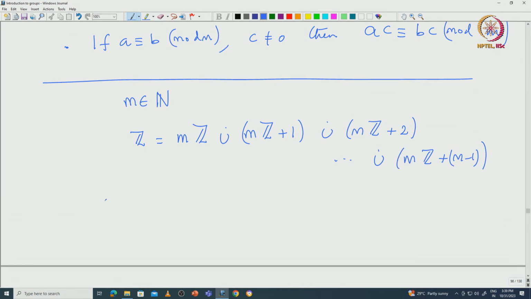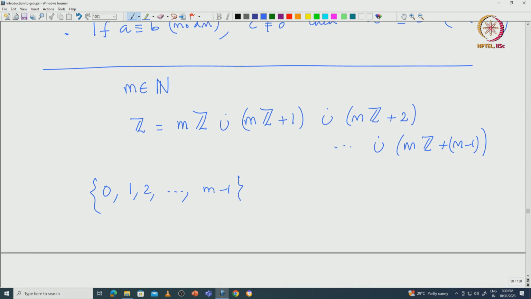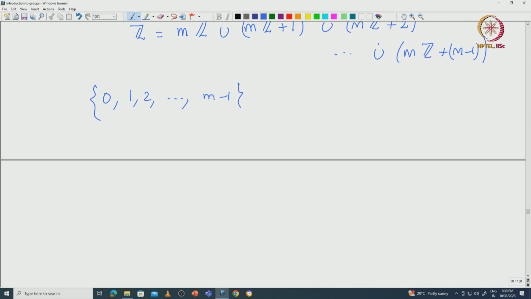So in particular this set 0, 1, 2, etc., m minus 1 has a unique property. What is this property? You can call it a complete residue system modulo m.